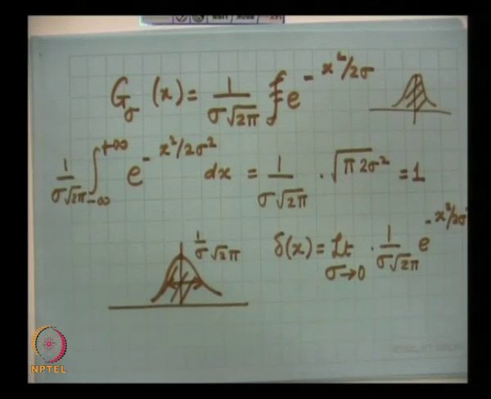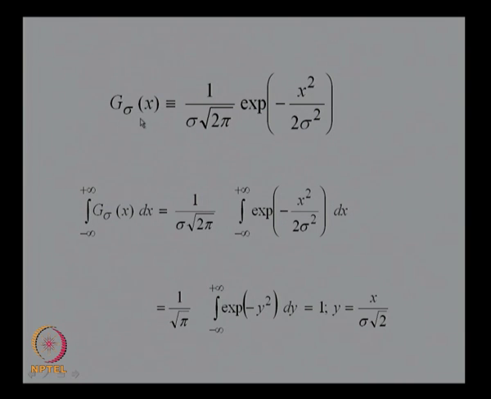So, I come back to my slide and I have here g sigma of x, which I define, when I have 3 equal signs, that means it is defined to be equal to that. And this factor is such that the integral under the curve is 1.